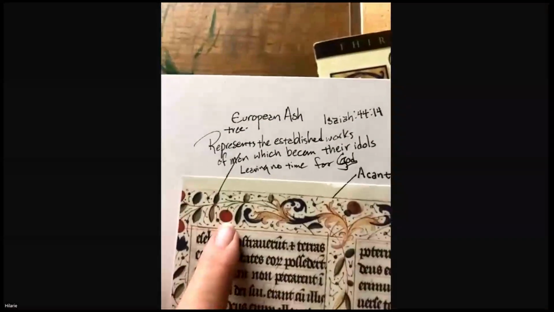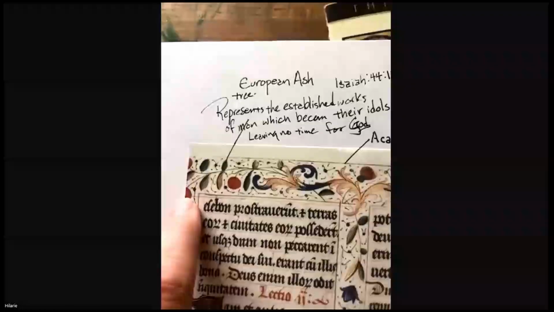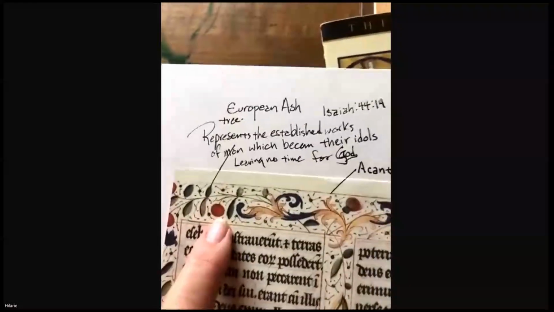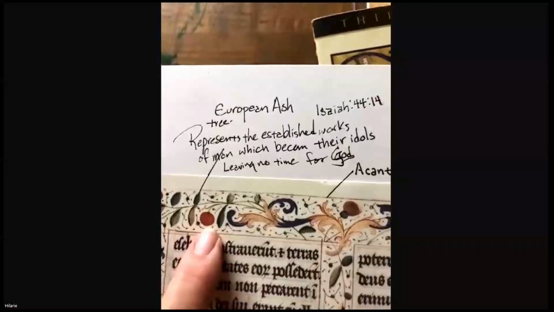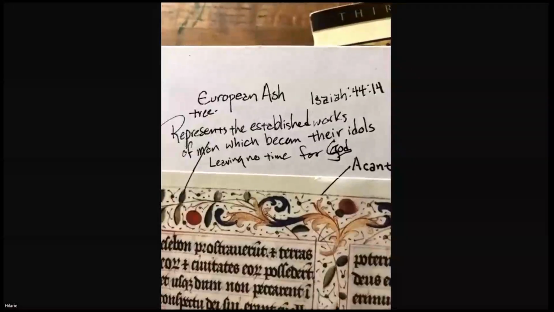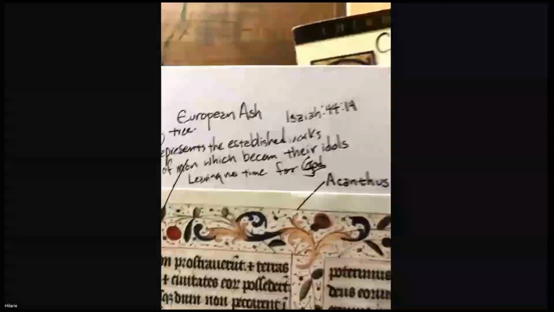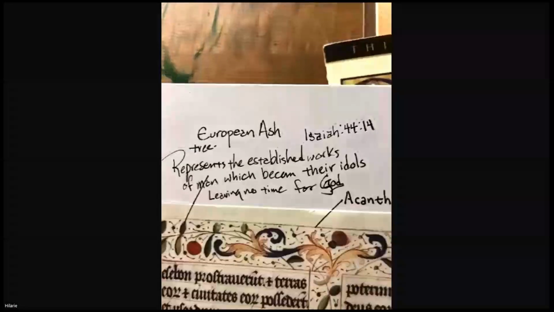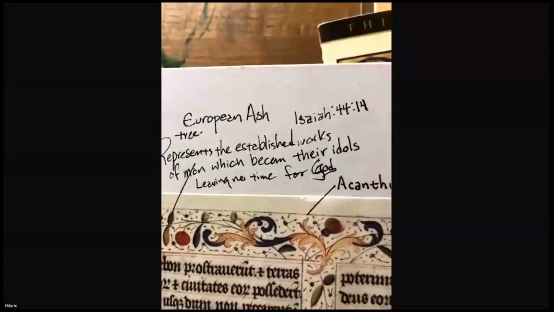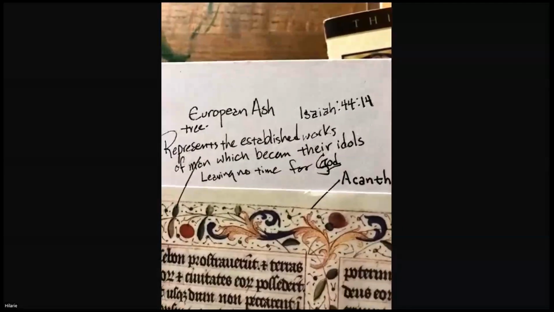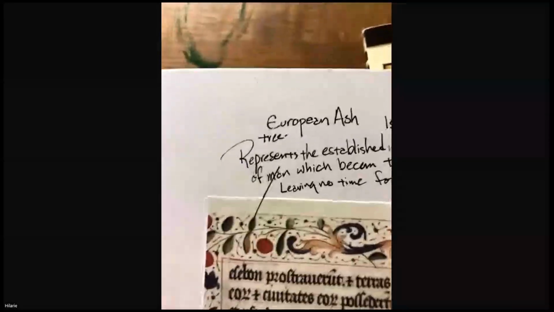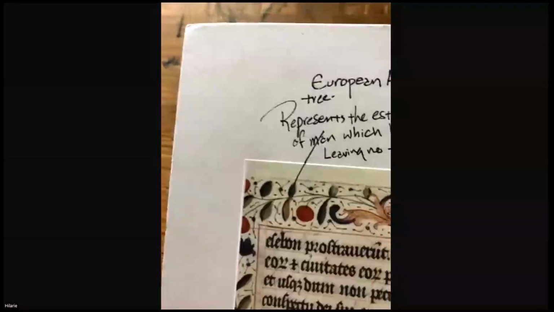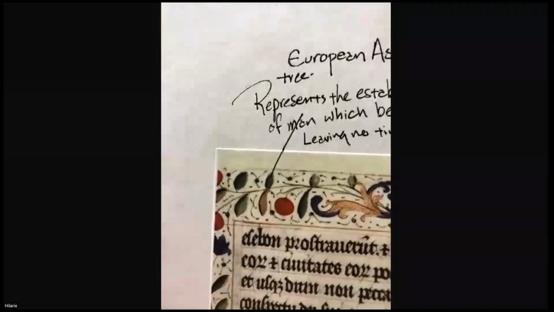Now we see these red berries, and we see pomegranates, but these aren't pomegranates. This is so exciting because these trace back to Isaiah 44:14, and it represents the established works of man which become their idols, leaving no time for God. And so that would be another image put on these pages so you can contemplate that as well.